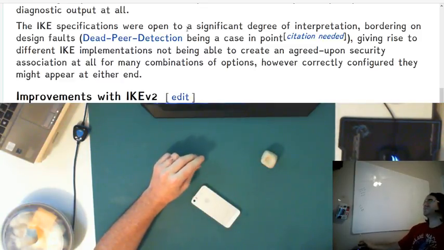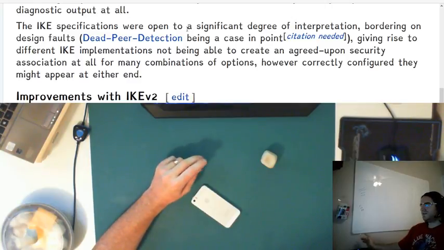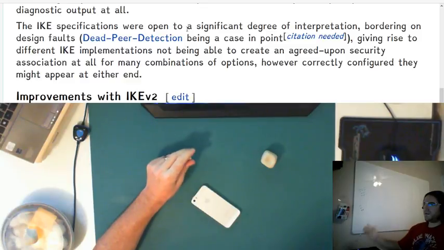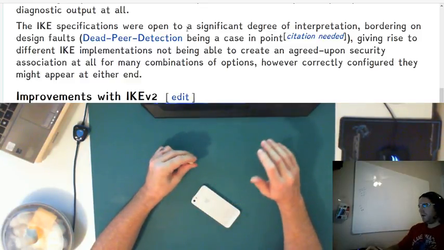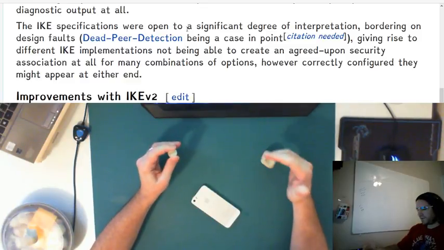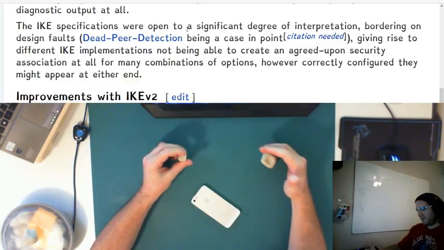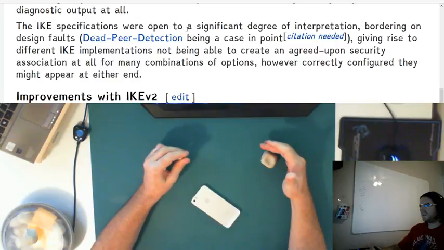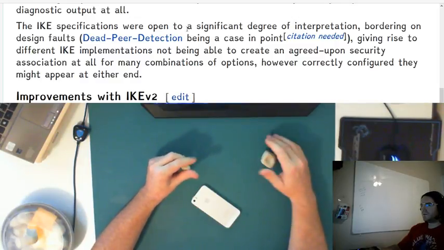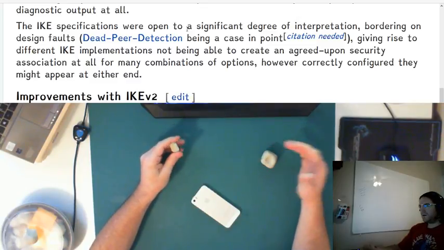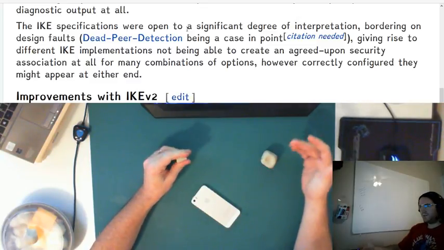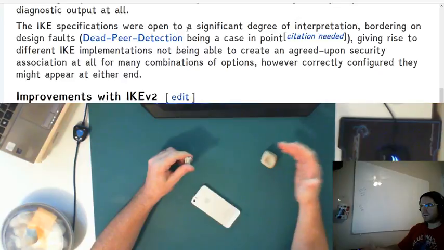So what does that mean? That means there's a lot of interpretation, not all the same, and the configuration looks exactly the same, but it would not establish, because one manufacturer says one thing and another manufacturer says another.